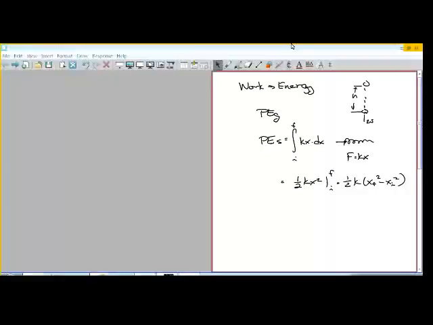Work is basically the way that we can change energy from one form to another, or we actually used the definition of work to calculate what kinetic energy is.